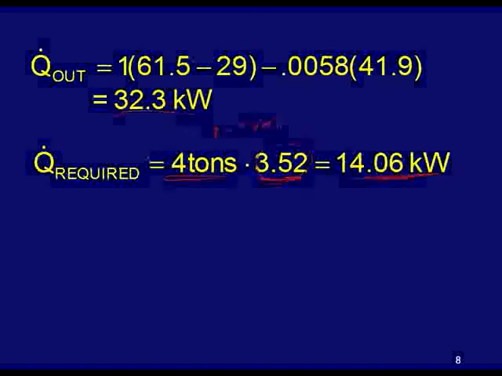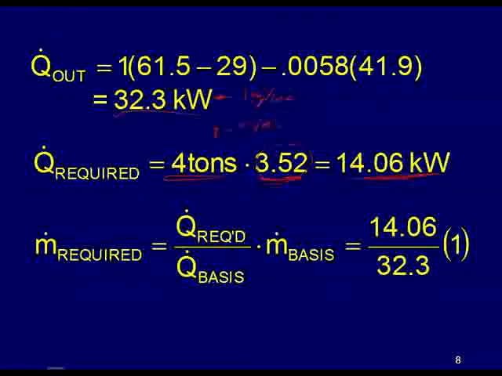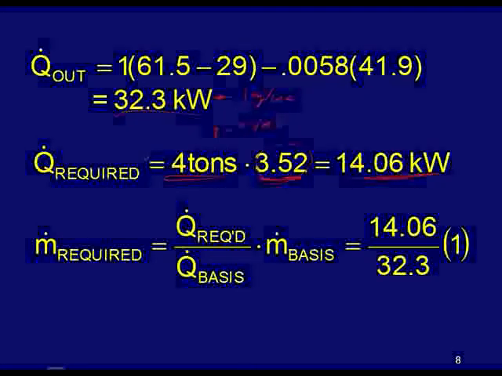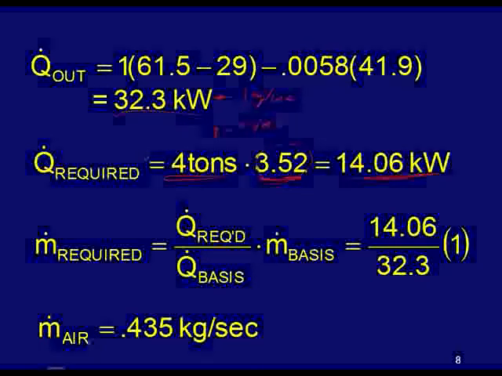So we got this amount for 1 kilogram per second of air. So we really don't need that much air, and we can scale it at this point and find that our mass required, if we ratio it out, comes out to only 0.435 kilograms per second.